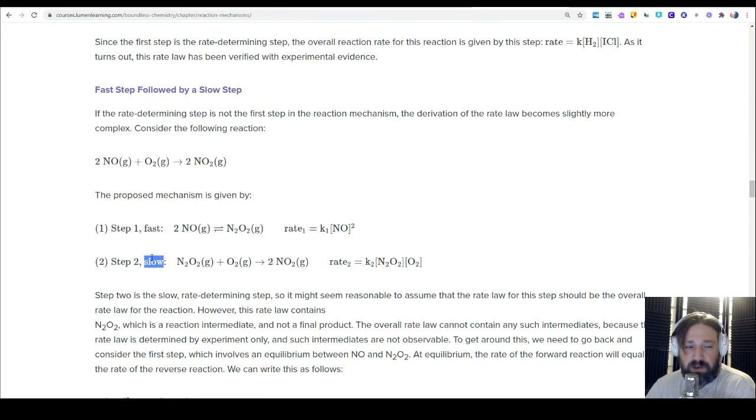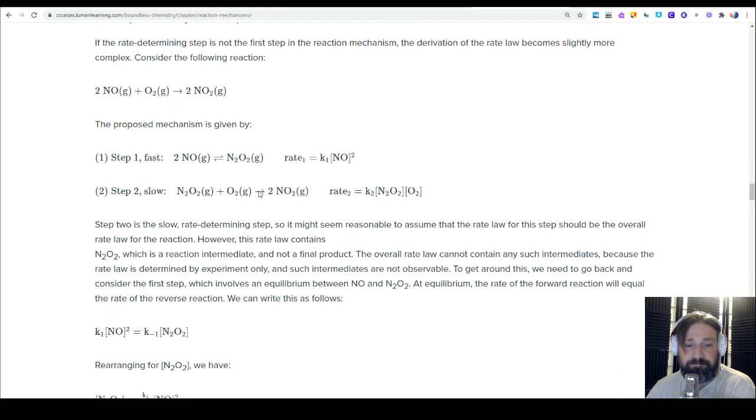But whenever the slow step comes after the fast step, what you'll need to do is replace intermediates with the rate law above it, and then that is going to be your overall rate law.